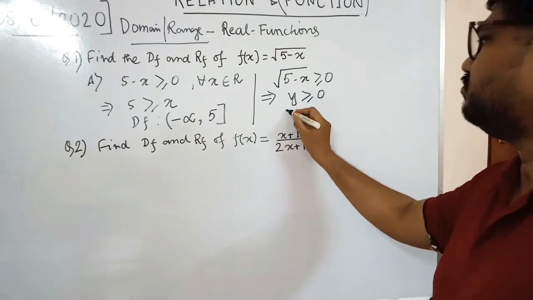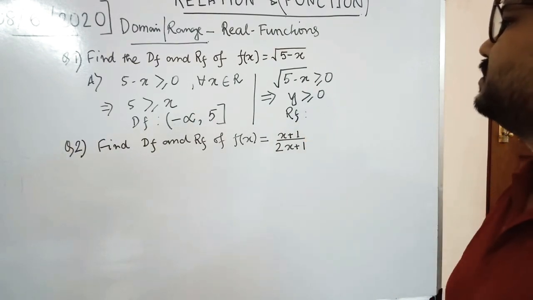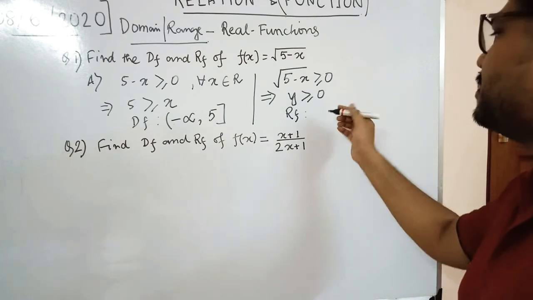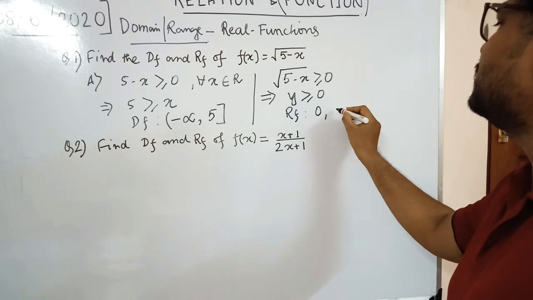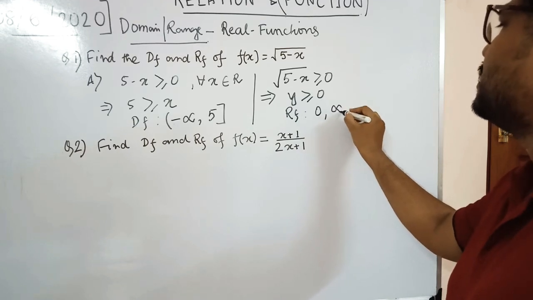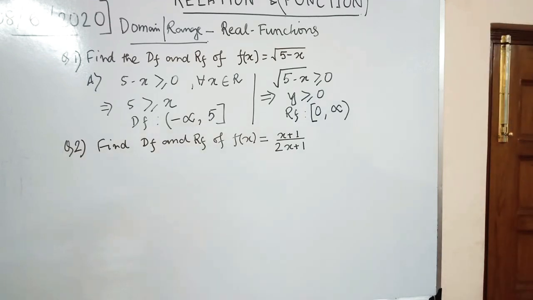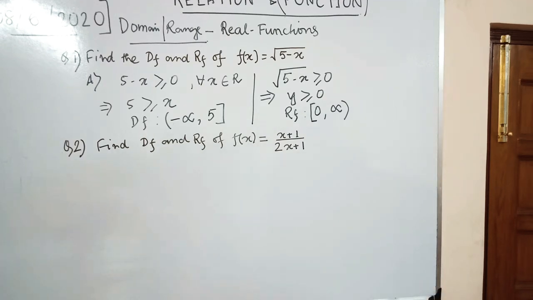That means Rf is all possible values, R plus, all possible values greater than or equal to 0. We can write this as a closed-open interval. So what we find is that x can be highly negative, but x cannot be more than 5. Maximum it can be up to 5. So this is number 1.